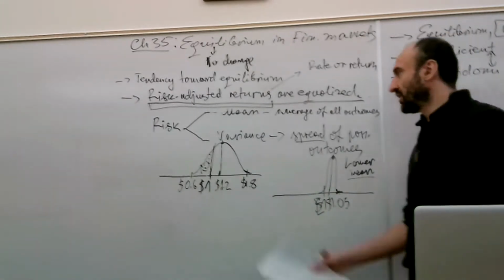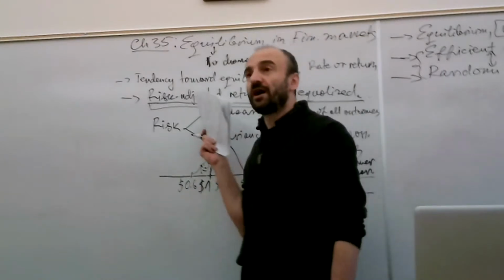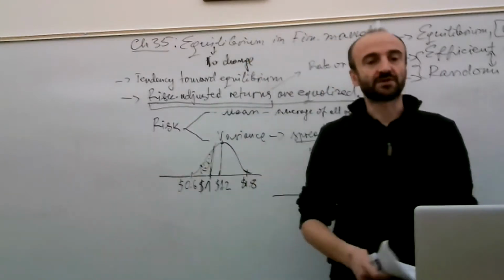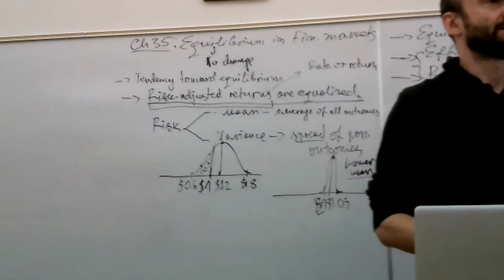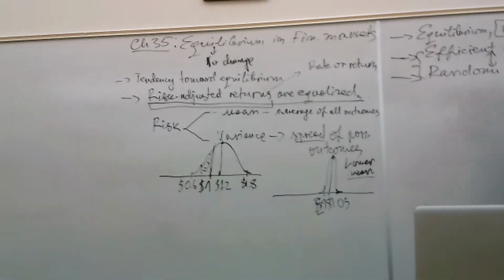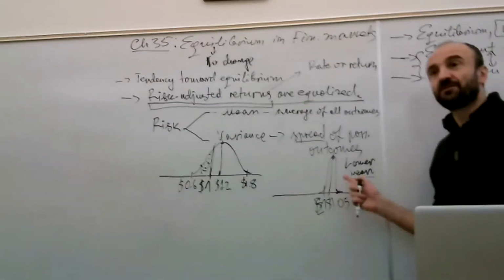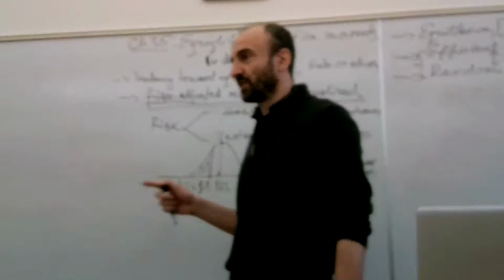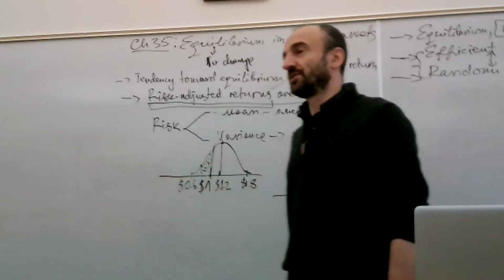So you can have a higher rate of return, but the price that you always have to pay for that is higher uncertainty of the outcome, and vice versa. You want to have a safe investment? Yes, you can have it, but the price of that is a lower rate of return.